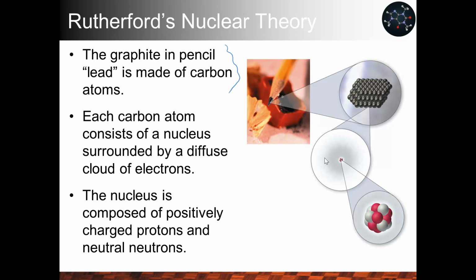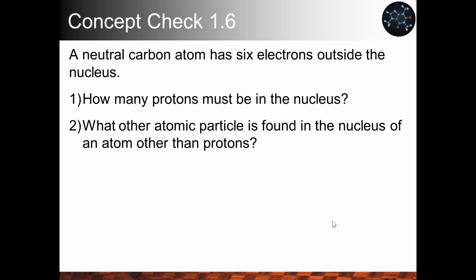So those carbons are there, but the nucleus, empty space, diffuse electrons. And then the neutrons, those neutral objects, and the protons in the nucleus are really close together. There's almost no space at all between them. So this is our view of the atom.